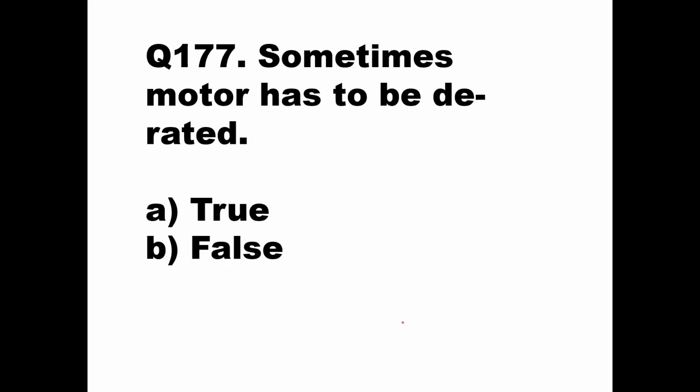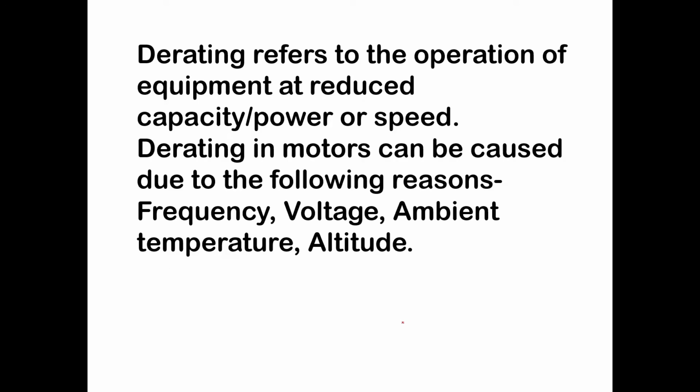Question number 177. Sometimes motor has to be derated. This statement is true because derating refers to the operation of equipment at a reduced capacity per power or speed. Sometimes the motor will give you reduced capacity.